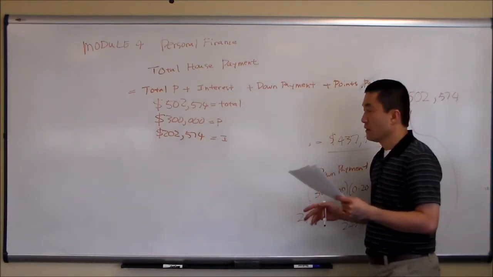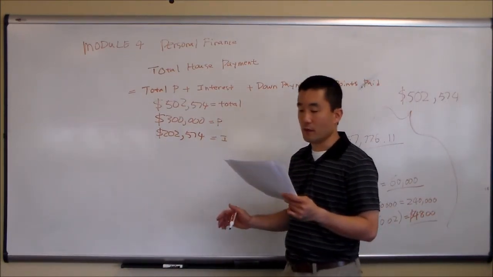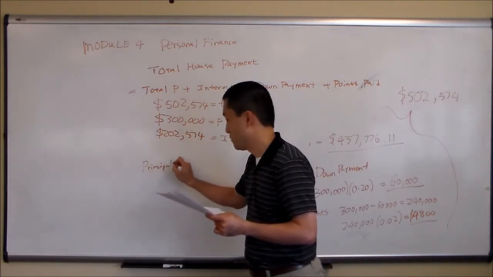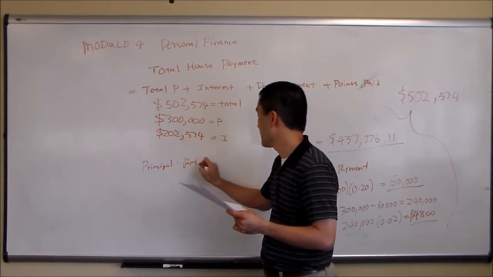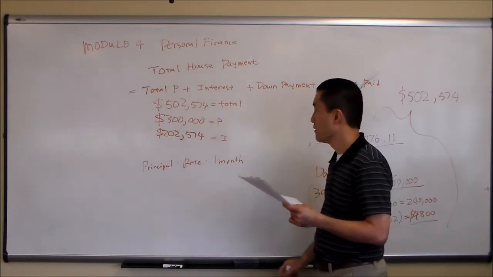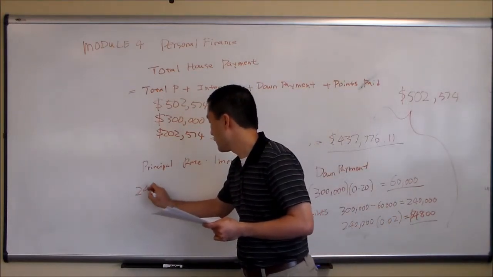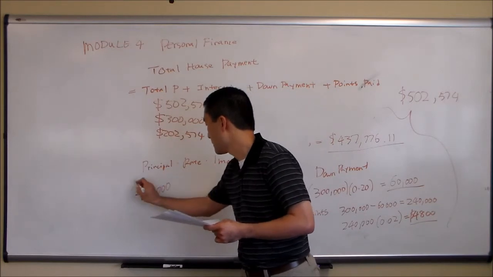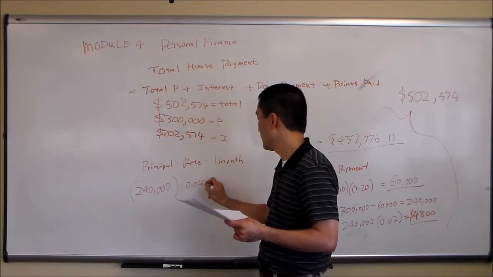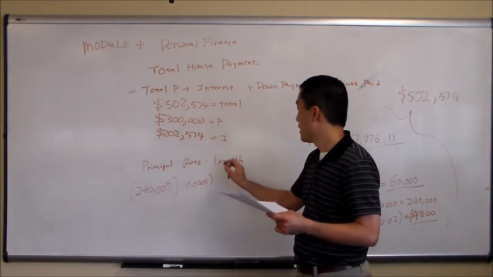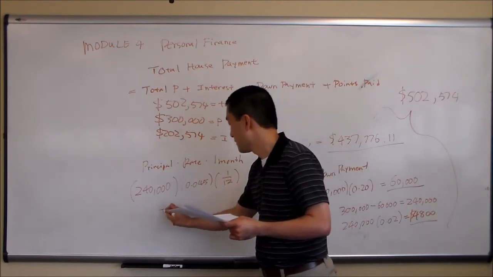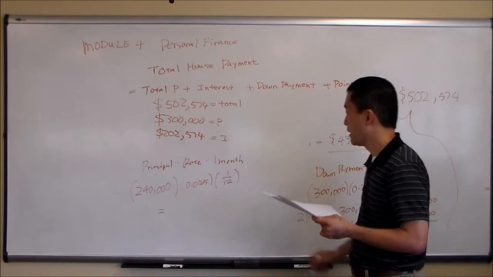Okay. So the last problem, the interest for the first month is going to be principal times the rate times 1 month. So the remaining principal is 240,000. The rate is 4.5%, so 0.045. And then 1 month per year, so 1 out of 12. This would be 900.